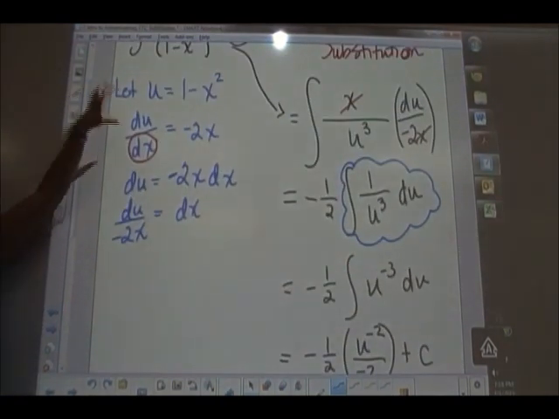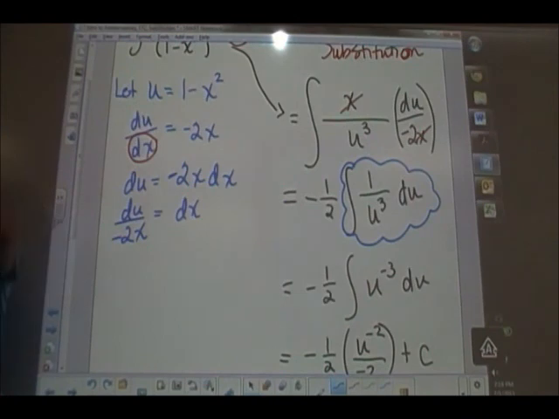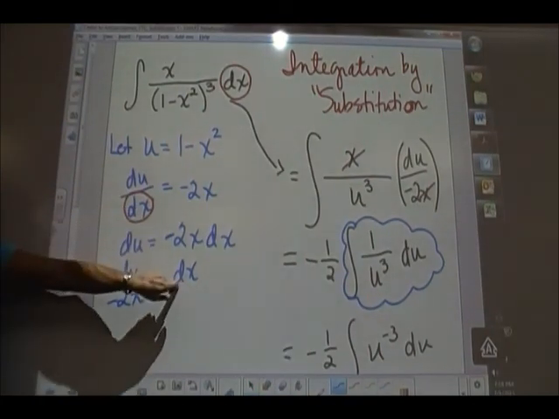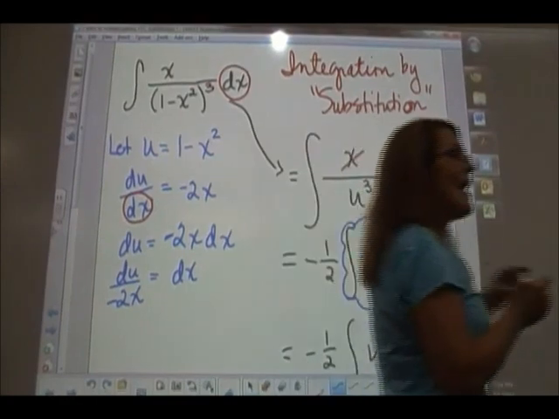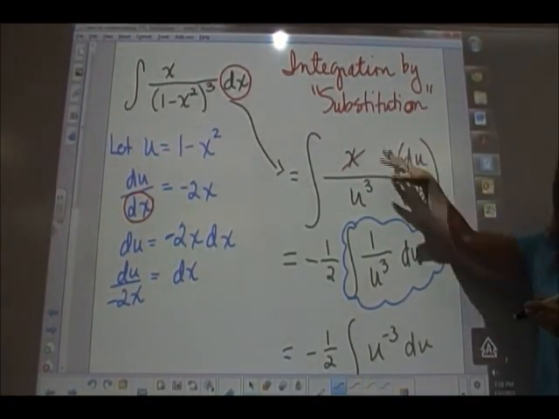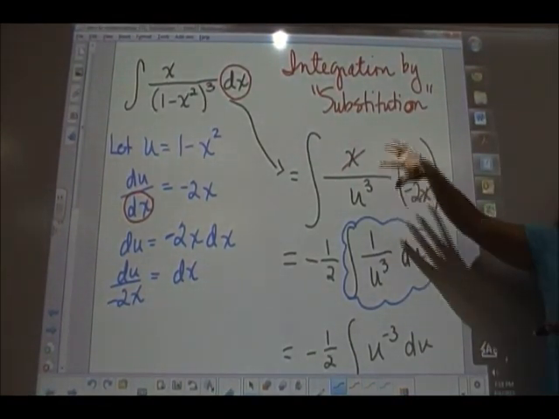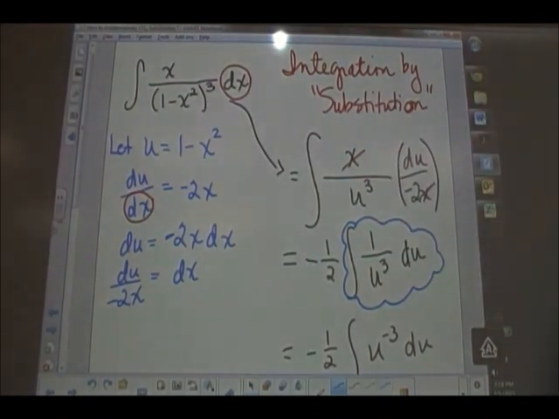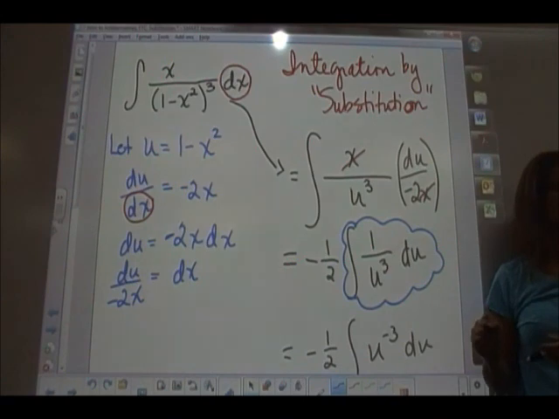You have got to pick something for u such that when you find the derivative and solve for dx, it makes something cancel out. Something, like with the x's, to cancel out to get you an integrand in terms of u that looks like the rules on your sheet.